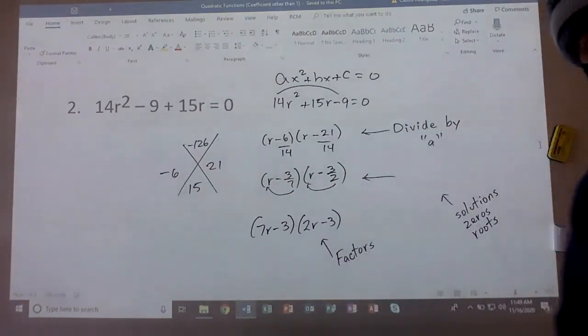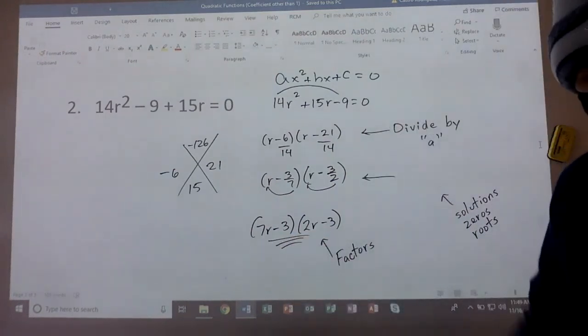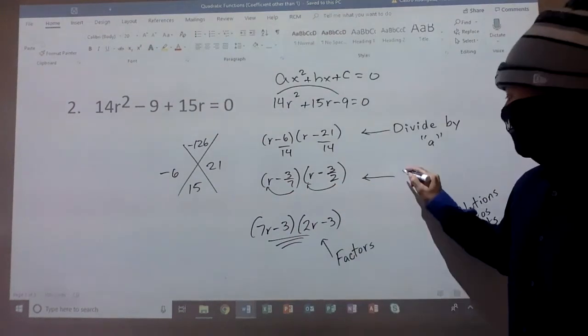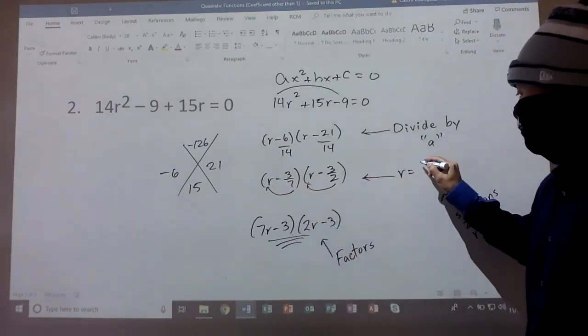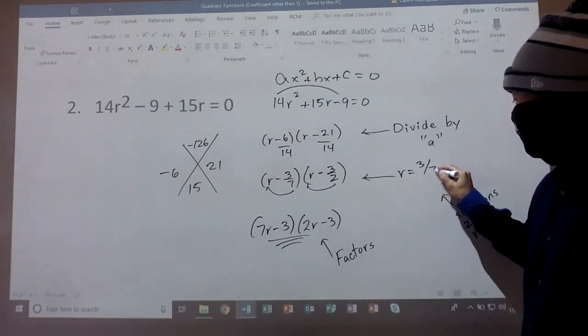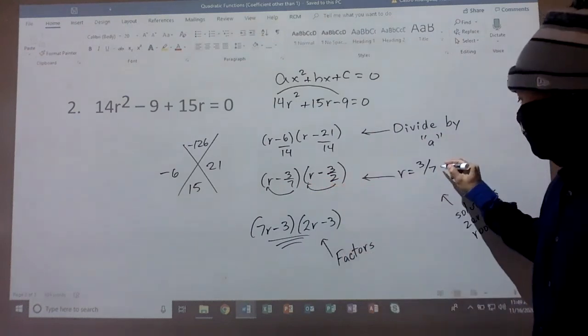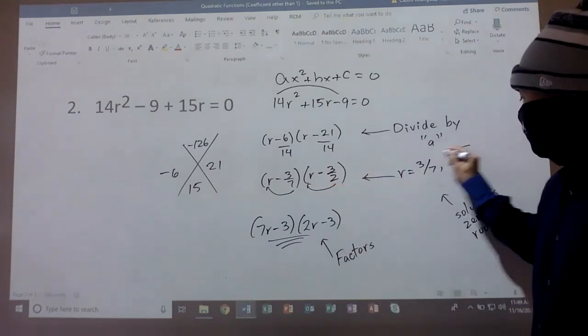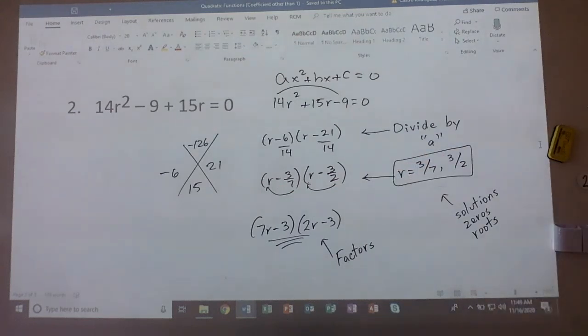My solutions, remember, come from this line. r equals the opposite of negative 3/7, positive 3/7. The opposite of negative 3/2 is 3/2. Those are my solutions. Those are my roots. Those are my zeros. That's what needs to happen in my homework for quadratic functions, day number 2.